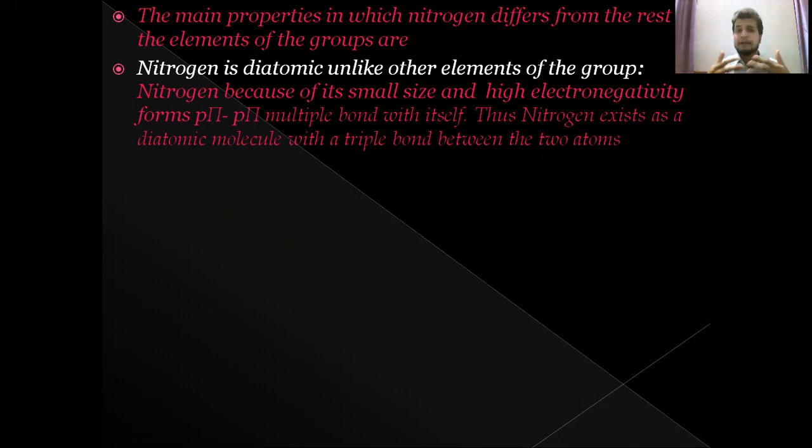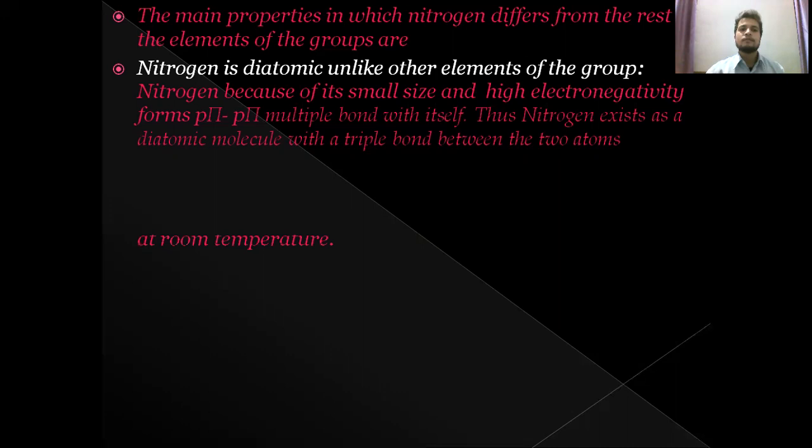So there will be no effective overlapping, so they cannot form multiple bonds. The multiple bonds which this particular system forms, we call p-pi multiple bonds. The p orbitals in two atoms are involved in the formation of a pi bond. So nitrogen can form p-pi multiple bonds. That's why it is diatomic. The rest cannot form them, because of their bigger size.